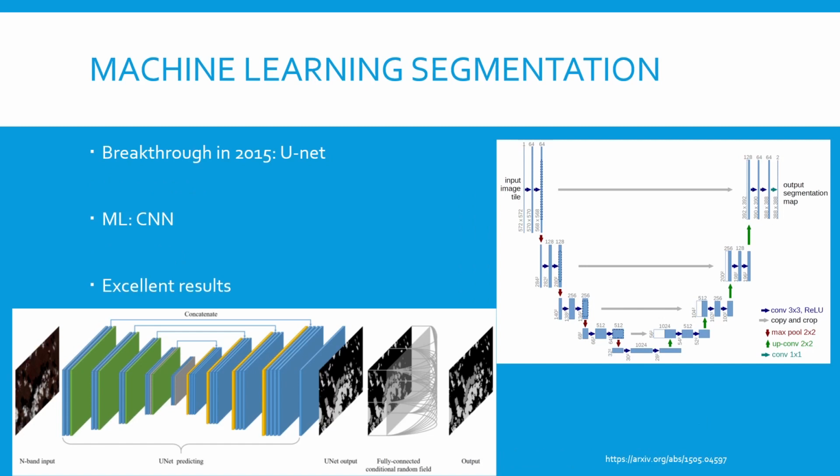The title of the paper is U-Net: Convolutional Networks for Biomedical Image Segmentation, which is exactly what we're talking about. So what is this? This Swedish research group created a U-shaped convolutional neural network architecture, which is very, very effective at segmenting images for medical purposes.